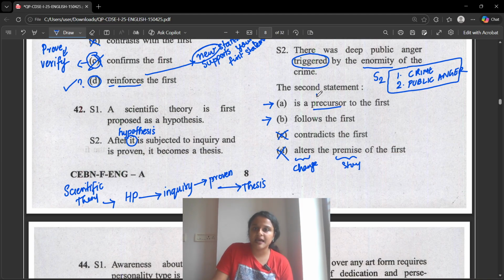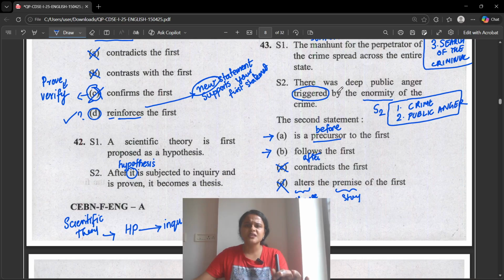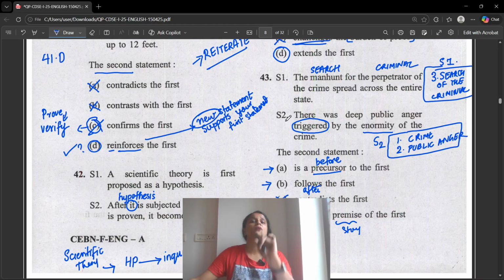Does the second statement happen before the first or does it happen after the first? Simple as that. Do the events in statement number 2 happen before the first or after the first? Well, you have the answer, right? Statement number 2, chronologically speaking, events in statement number 2 happen first, right? There is a deep public anger because of the crime.